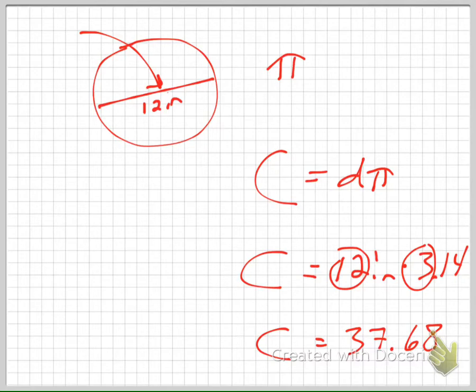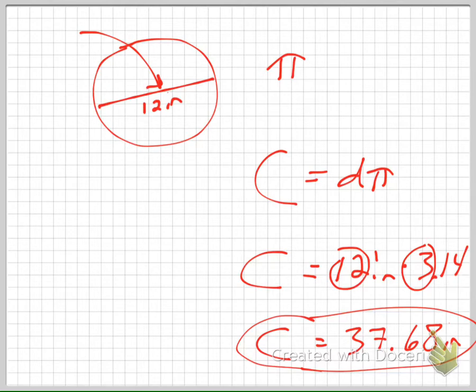If you put that down on your paper, I mark it wrong. I asked you for the circumference. What is the answer? 37.68 inches. If you just give me 37.68, I will mark it wrong. If you gave me that for this sample problem and you don't label it, I mark it wrong.